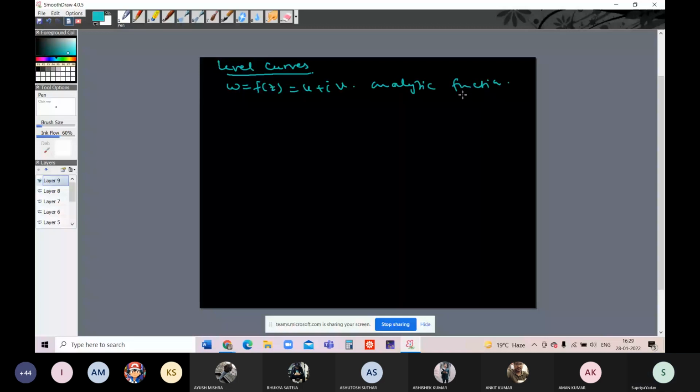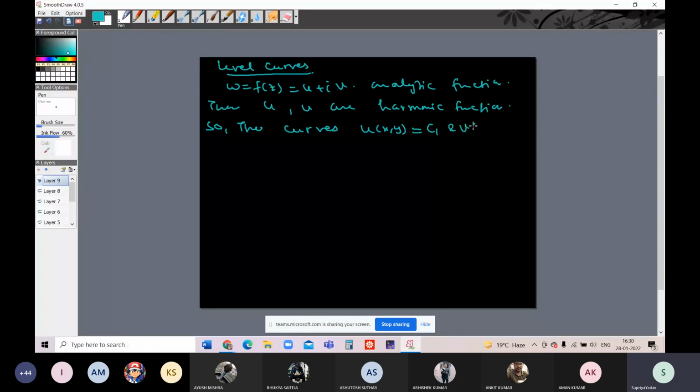Then u and v are harmonic functions. So the curves u(x, y) equals c1 and v(x, y) equals c2, where c1 and c2 are constants, are called level curves.